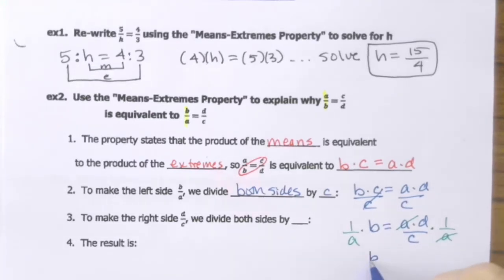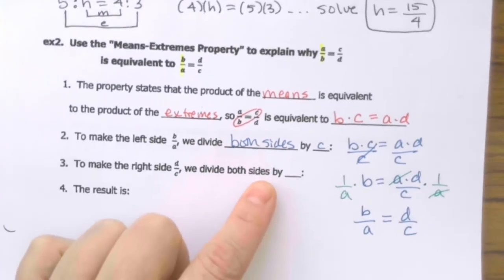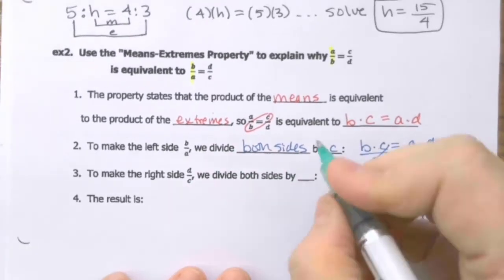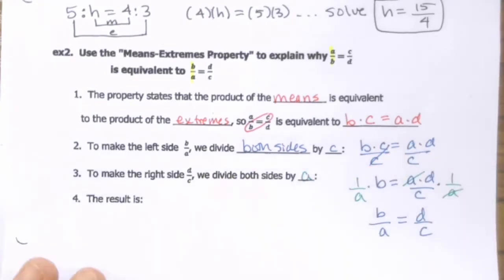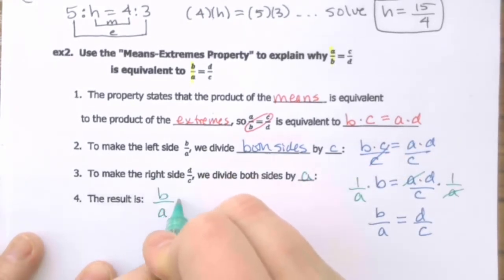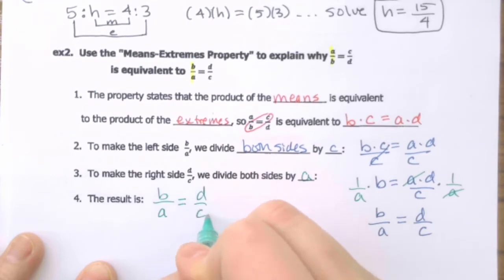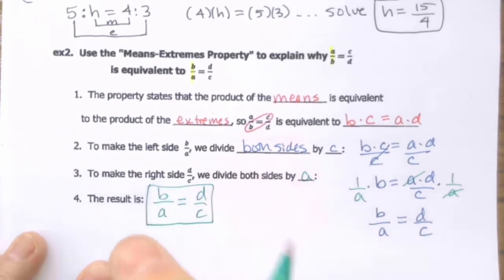Now we have B over A equals D over C. So the algebra move so that the A cancels on the right and reappears on the left is you divide both sides by A. And that's how you get B over A equals D over C by using regular algebra moves.